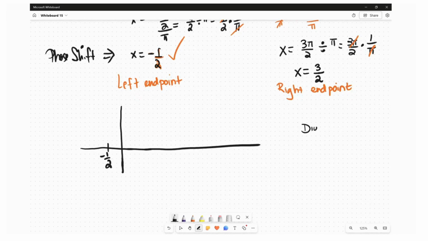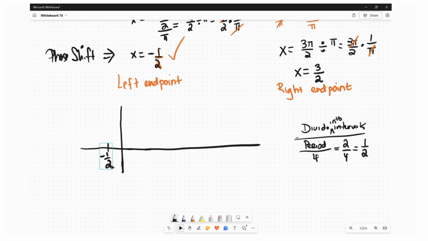The period divided by 4. And what's the period again? 2. 2 divided by 4 equals 1/2.